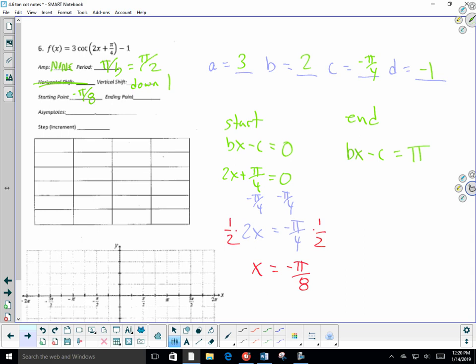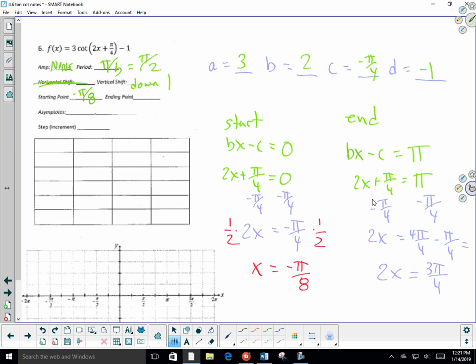And then our ending point, we're going to set 2x plus pi over 4 equal to pi. Let's subtract pi over 4 from both sides. So I get 2x equals, oh boy, let's see, that's going to be 4 pi over 4 minus pi over 4. So that looks like 3 pi over 4.